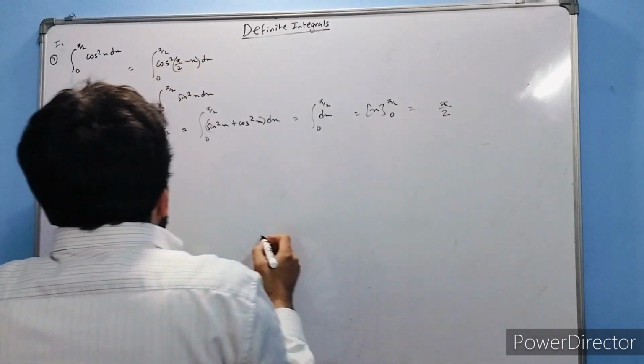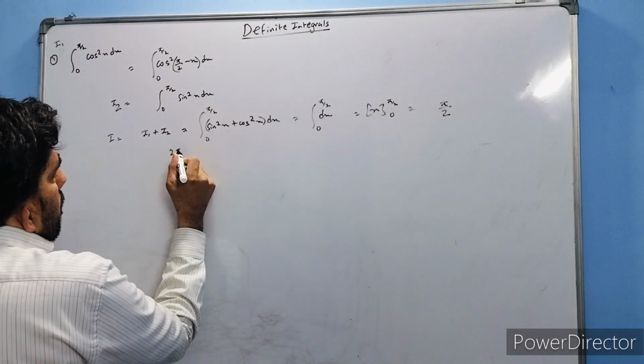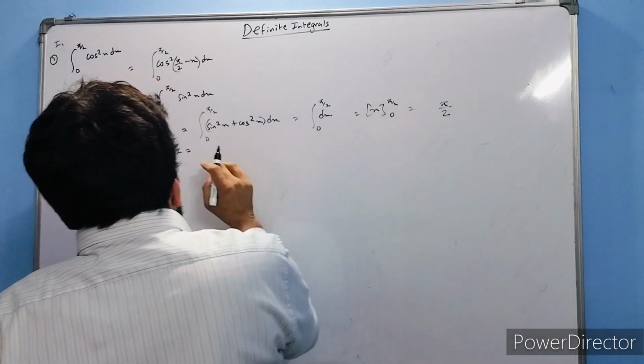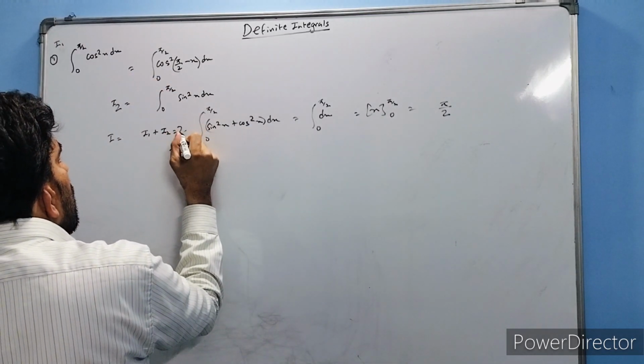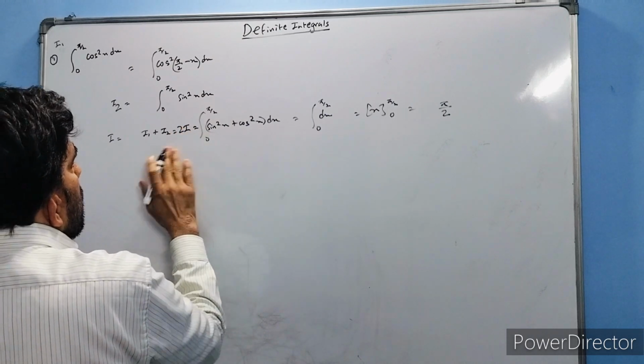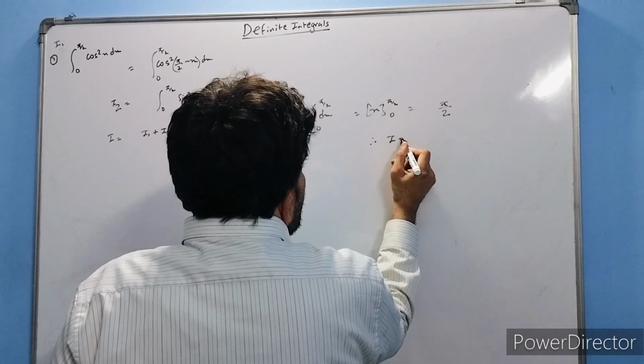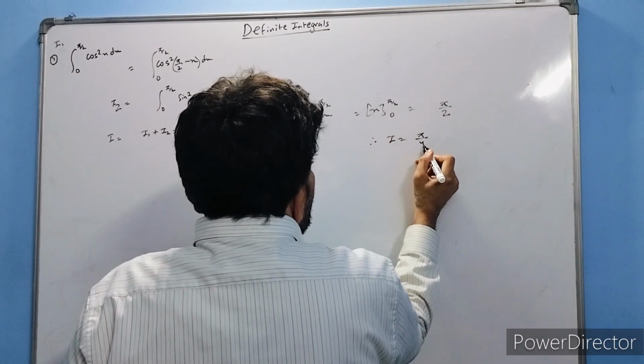Now I plus I becomes 2I, so 2I is equal to this much. Now we'll put the value here, so 2I is equal to pi by 2, therefore I is equal to pi by 4.